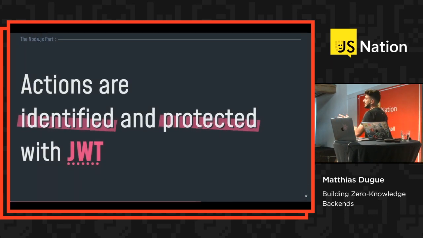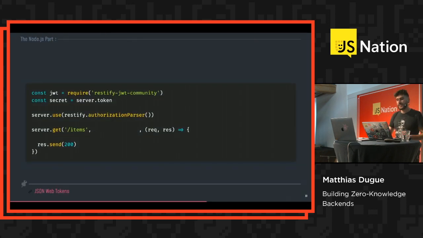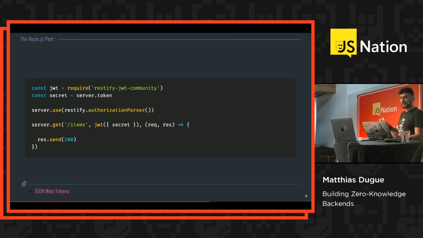The various actions are so protected by and identified by the JSON Web Token, as I said a lot before. So I rely on a dedicated Restify module. I just use a server token, which is a shared secret between the backend and the clients. Then, same thing, using the middlewares in Restify, I can just protect my various endpoints with the JSON Web Token, and it exposes inside my callbacks the content of the JSON Web Token associated to the user.